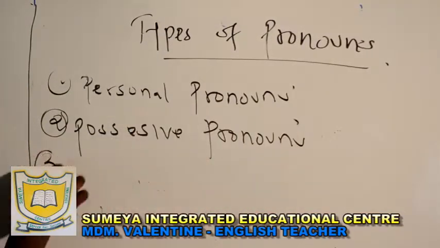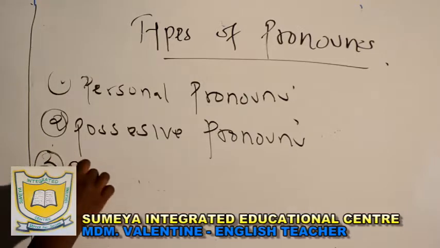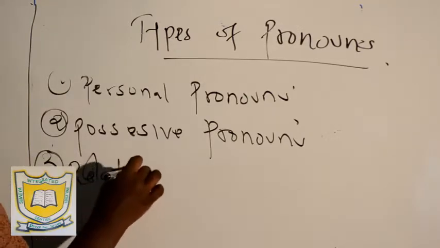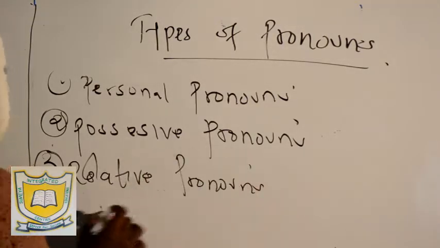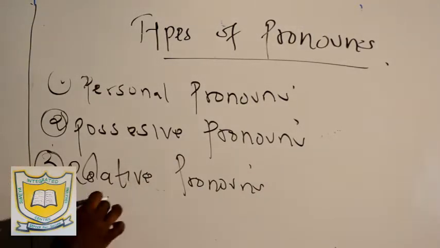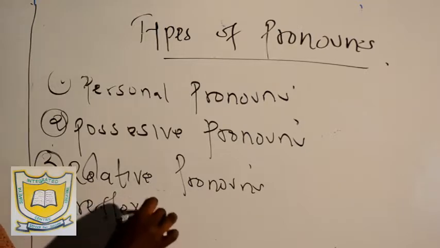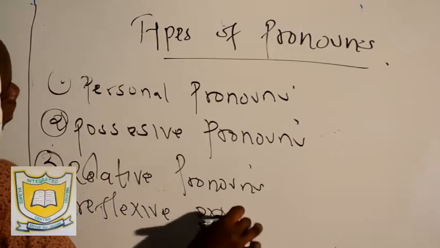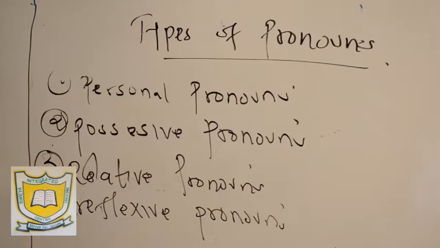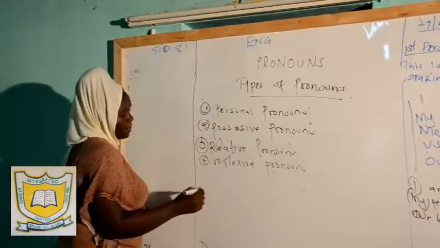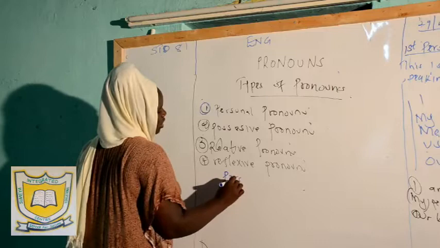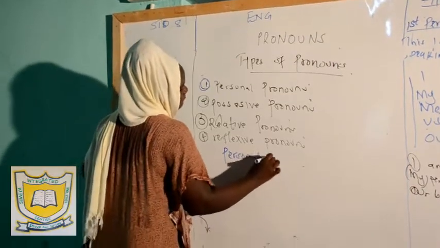Number 3, relative pronouns. Number 4, reflexive pronouns. So today, let me deal with personal pronouns. Pronoun type number 1, we are going to deal with personal pronouns in our lesson.